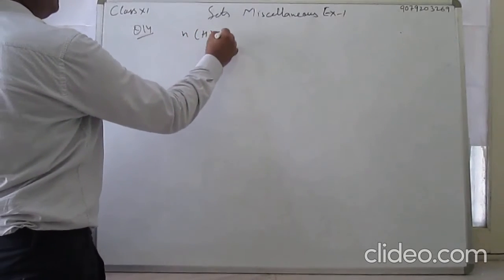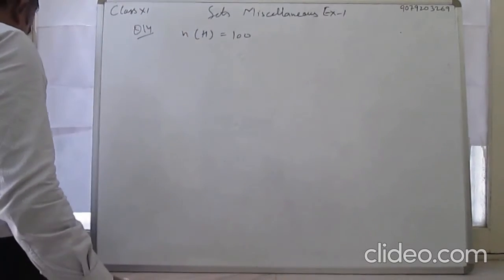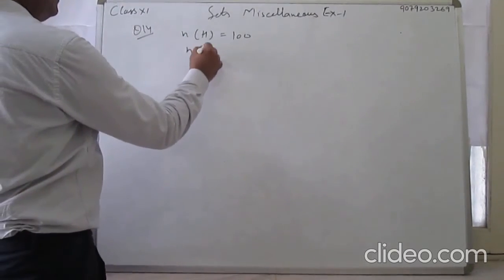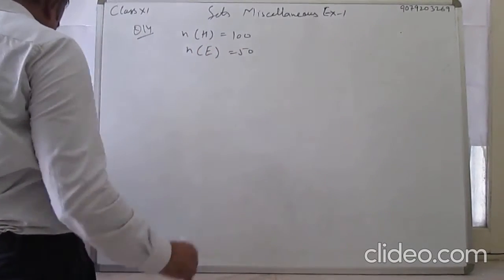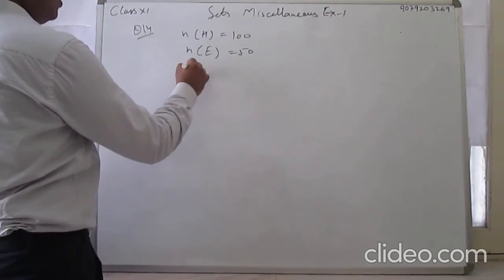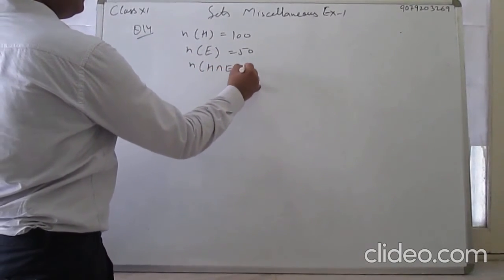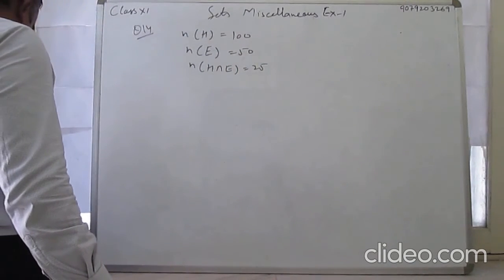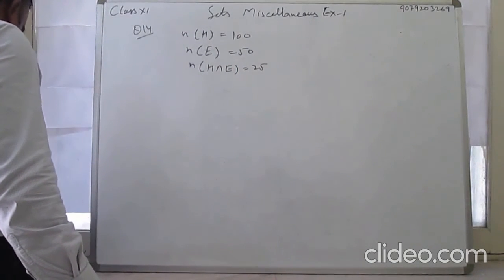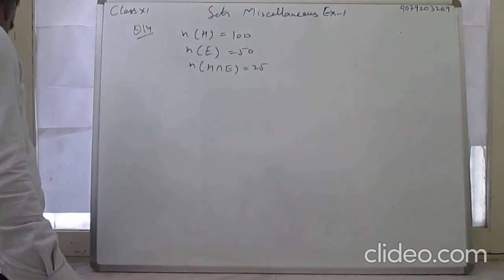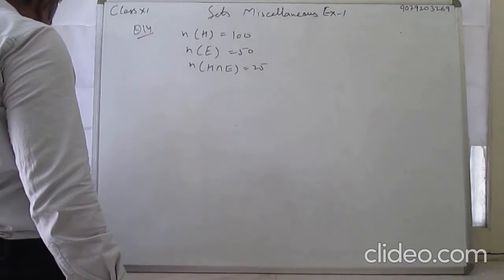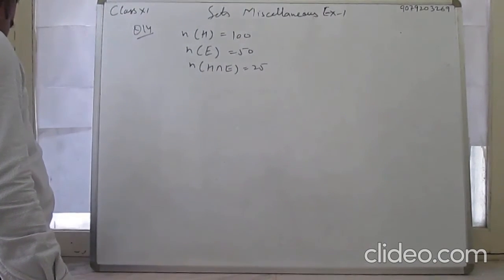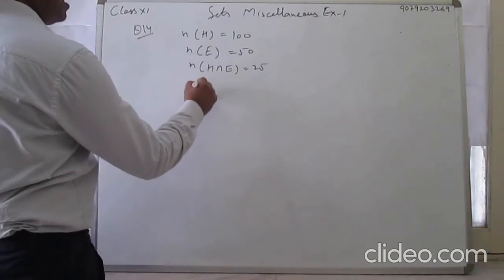How many students know Hindi? 100. 50 know English and 25 know both. Each of the students knows either English or Hindi. How many students are in the group?